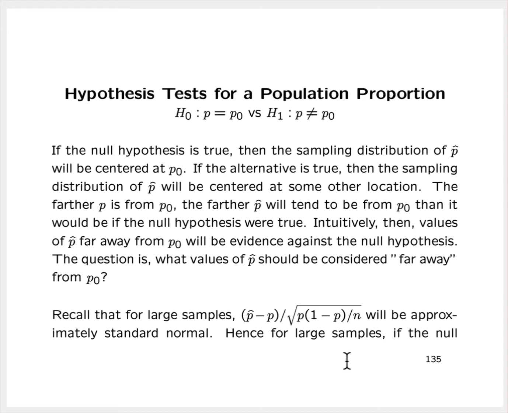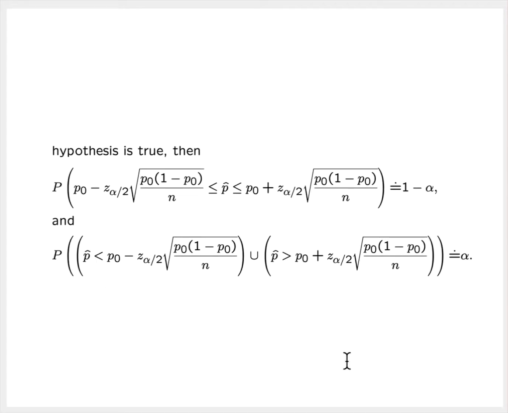And so for large samples, if the null hypothesis is true, then the probability that we obtain a sample for which p hat is between these two quantities will be approximately 1 minus alpha. Again, we're calculating this probability under the assumption that the null hypothesis is true, in other words, under the conditions of the null hypothesis.